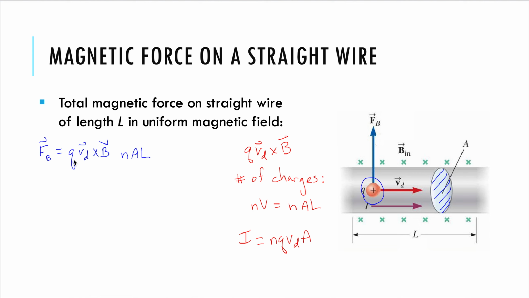So if we look at our expression here, we have these terms, q, v_d, n, and A. So we can rewrite this expression in a more concise form, and we're going to get the force on the current carrying wire is I L cross B, where we have defined a vector L, which has a length L, the length of the wire, but the direction of this vector is going to be in the direction of the current. So this is the force on a current carrying straight wire in a uniform magnetic field.